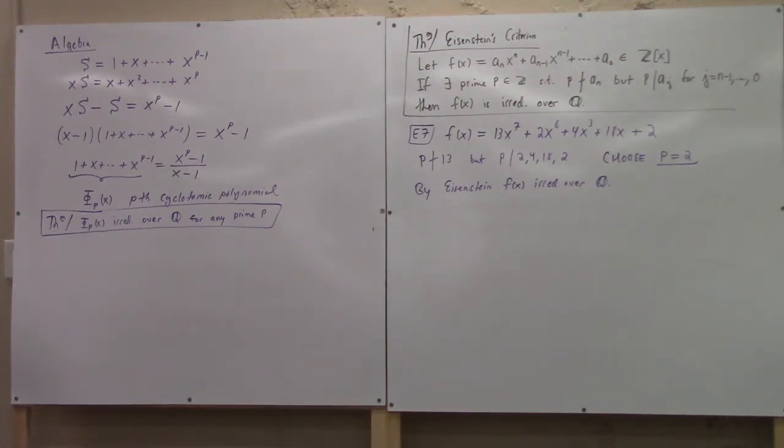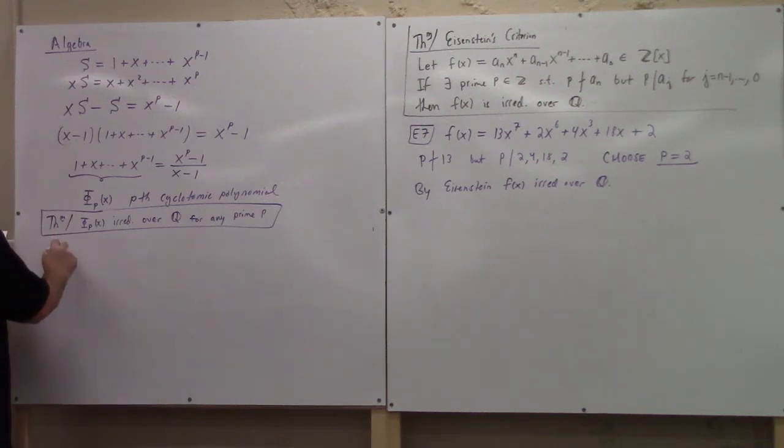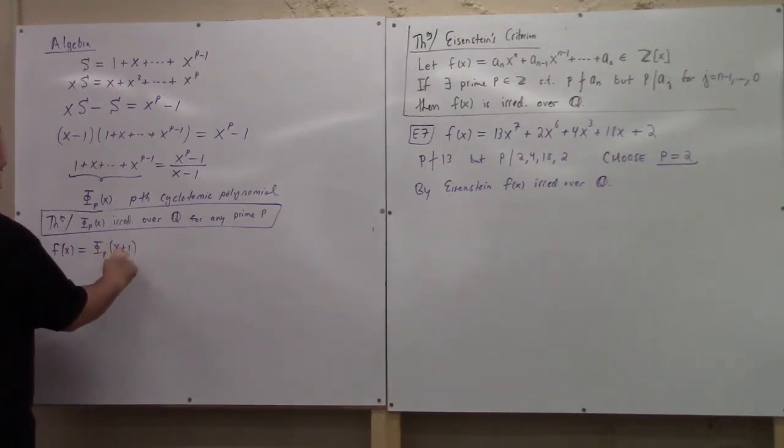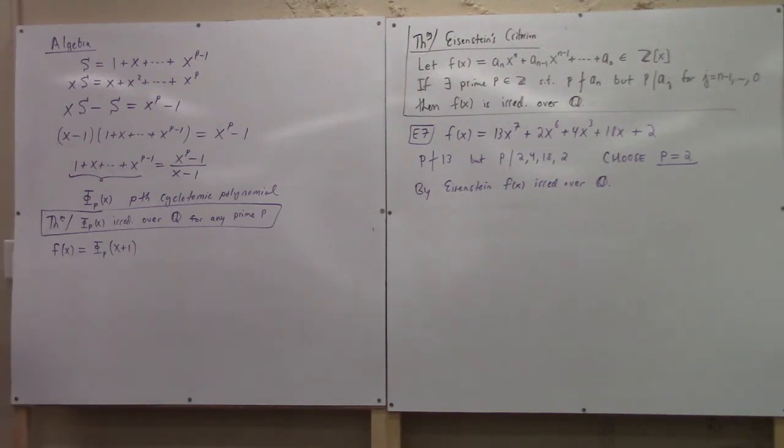So this is a sneaky trick here. Let f of x be equal to phi p of x plus 1. Then by the formula above, this is what?